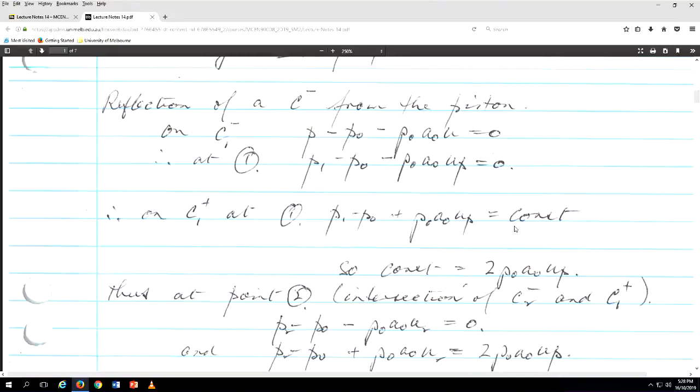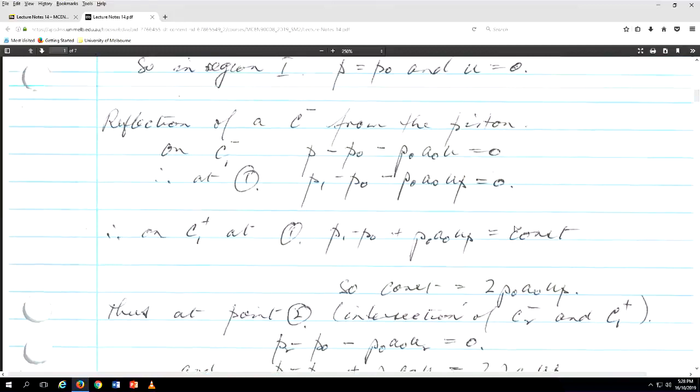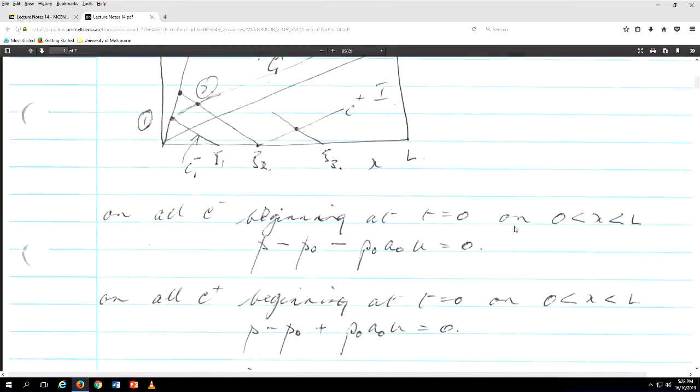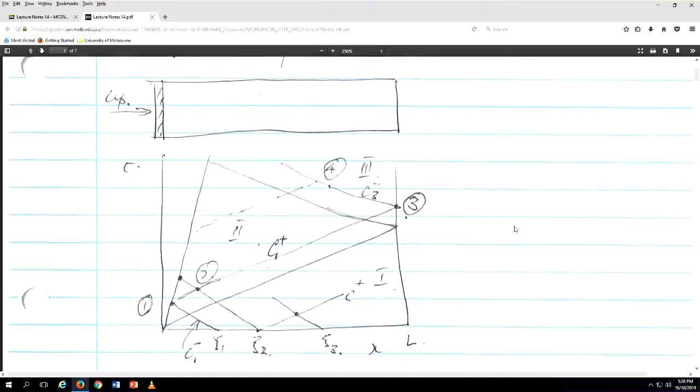So now we can see what would happen at this point 2. So here's my point 2, and I have the intersection of the characteristic from here and the characteristic on C1 plus. So what happens at point 2?